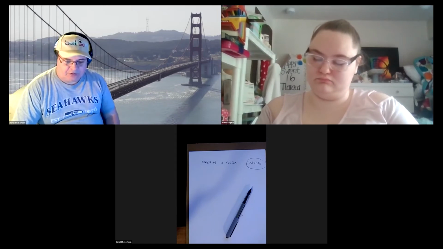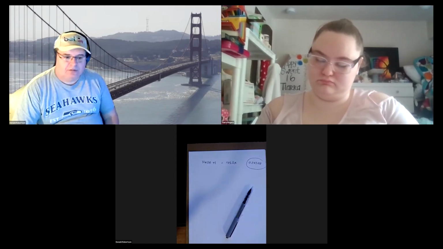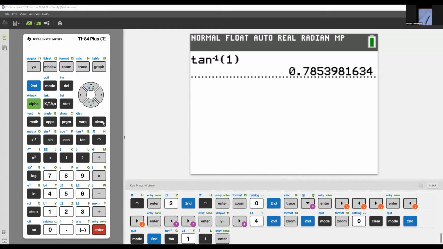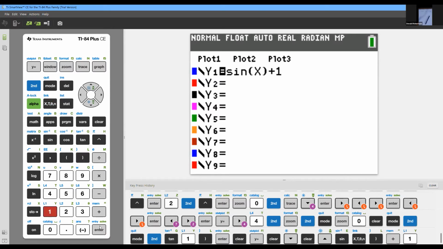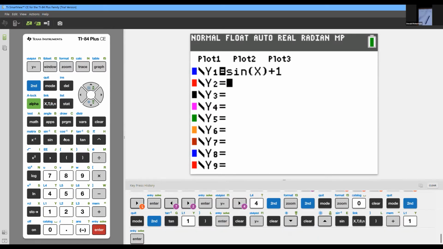So here goes. Here I'm going to type in the sine x plus 1. And next to it is a separate y2, the cosine of 2x.